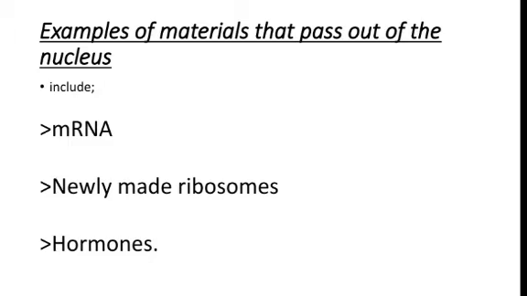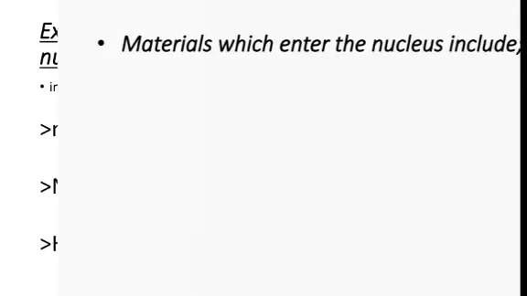We are going to know this one more in details when we are studying chemicals of life in our lessons. So also the newly made ribosomes, they are also passed out of the nucleus through the nuclear pore, and even the hormones.